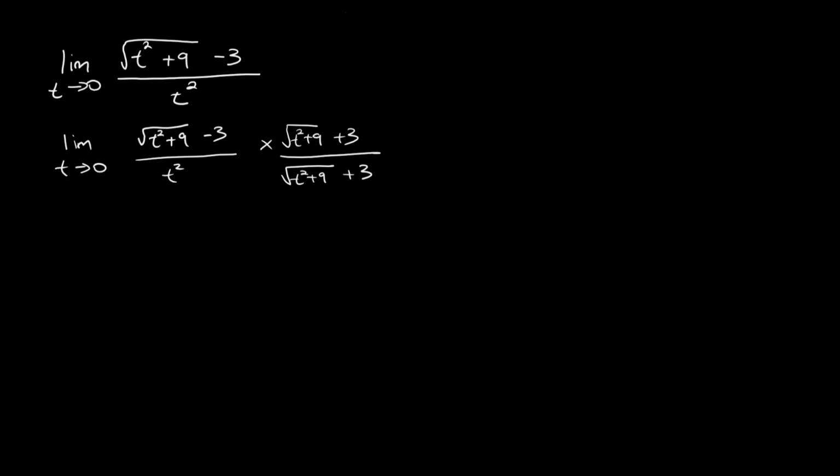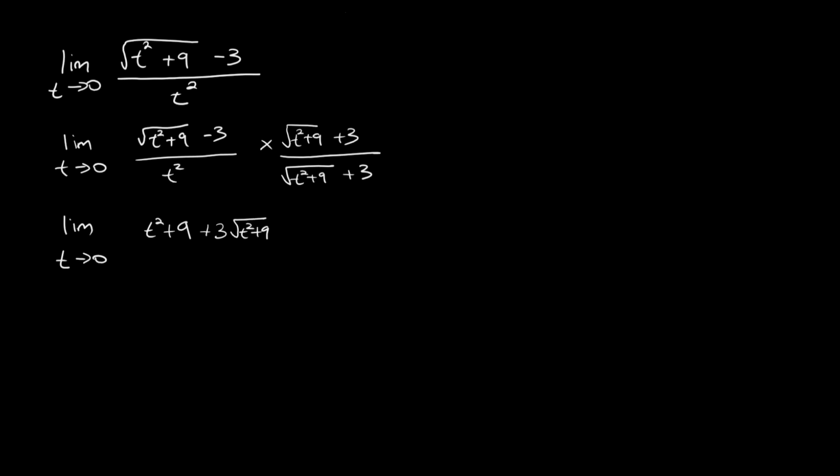Now we can go ahead and FOIL our numerator. So this then becomes the limit as t approaches 0. Now the square root of t squared plus 9 multiplied by the square root of t squared plus 9 just becomes t squared plus 9. The square root of t squared plus 9 multiplied by 3 becomes 3 times the square root of t squared plus 9.